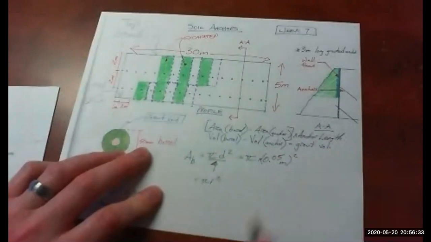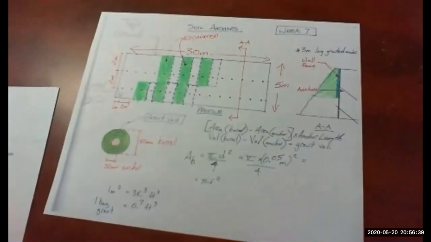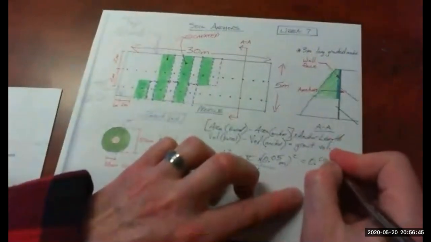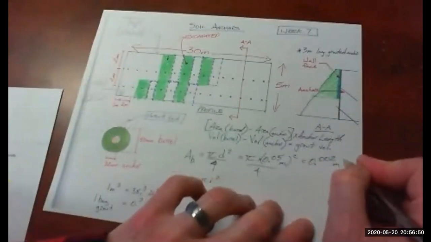So we'll square that, divide by 4. Running that through our calculator gives me 0.002 square meters.